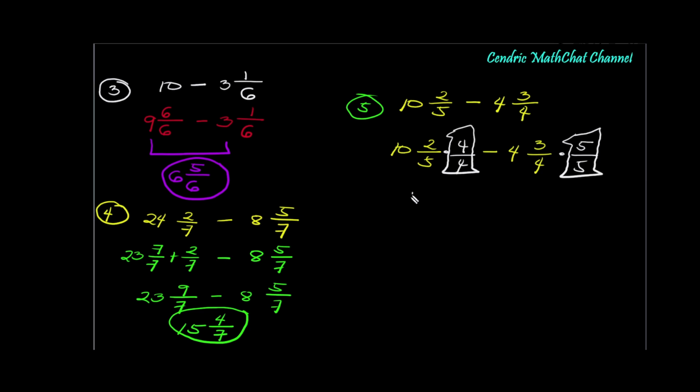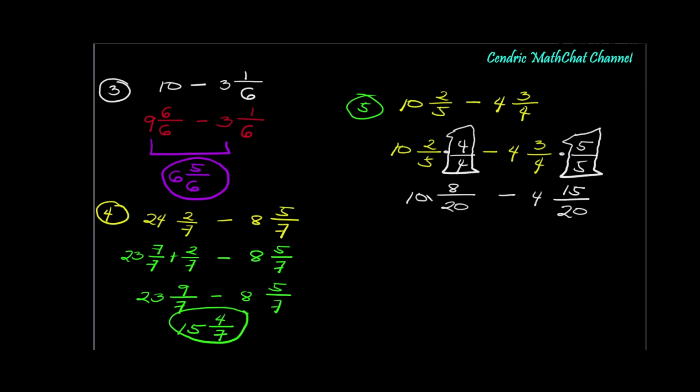Same thing with 4/4, which is also equivalent to 1. So we're gonna have 10 and 8/20 minus 4 and 15/20. Looking at this, we don't have enough 20ths in here. We only have 8, and we need to take away 15.